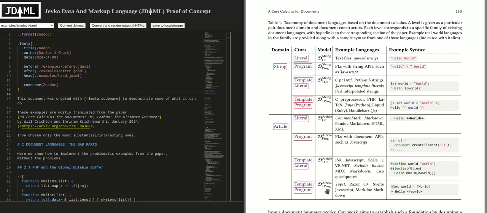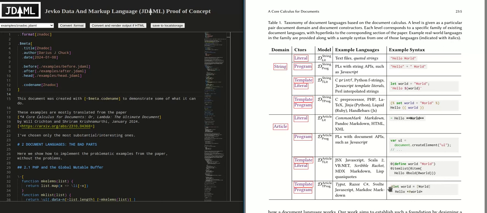So an example of such a system is, for example, Svelte. I'm not sure if this is the correct pronunciation, or Typst. It's new, I don't know how well known it is. But this is actually an example of this system.